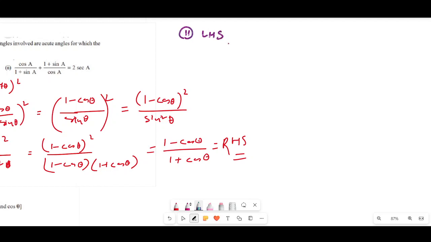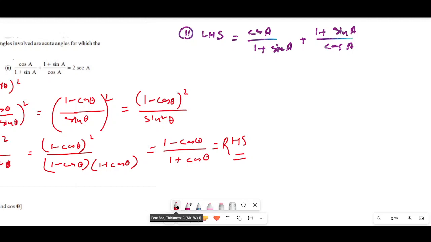The left hand side of the question is cos a upon 1 plus sin a, then 1 plus sin a upon cos a. Now we can solve this formula.